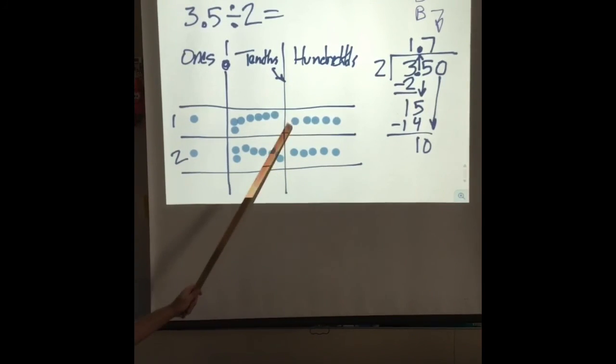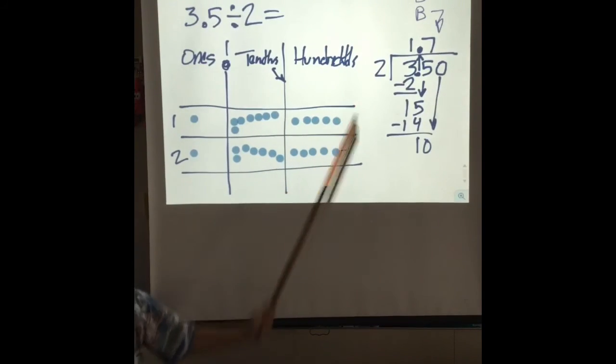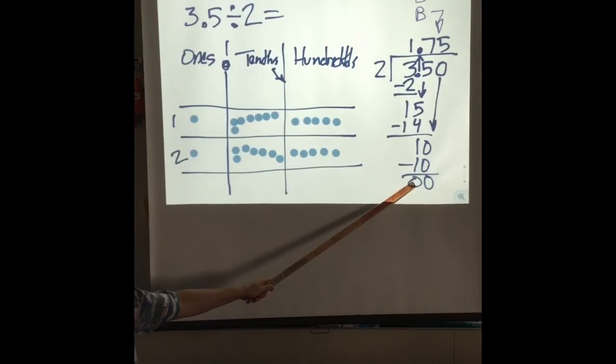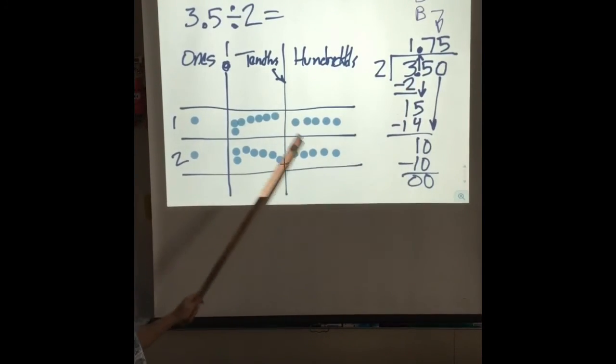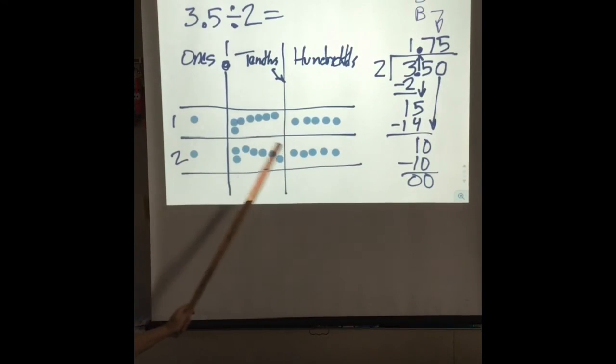And how many do we have? 1, 2, 3, 4, 5, right? So 2 times 5 is 10. And we subtract this, and it leaves us with 0, right? 2 times 5 is 10, leaves us with 0. We have nothing remaining up here, and we've done our problem.